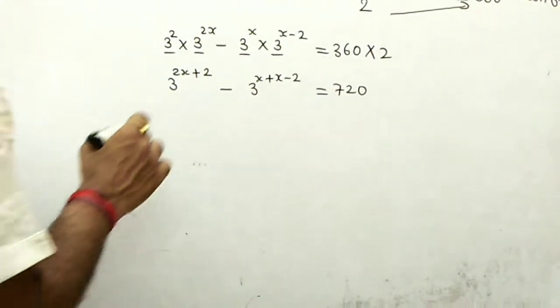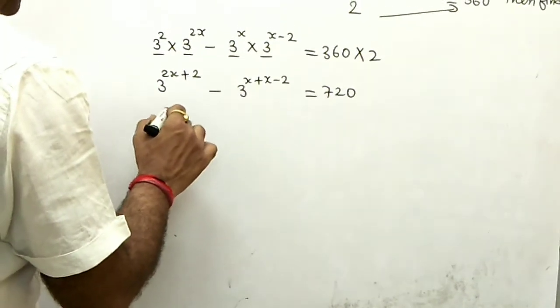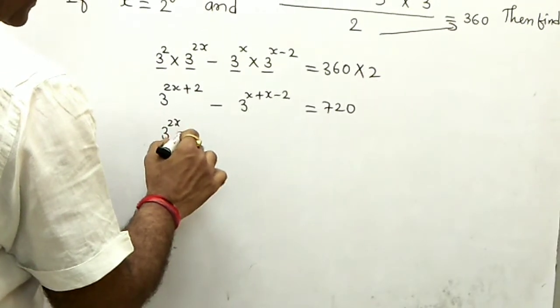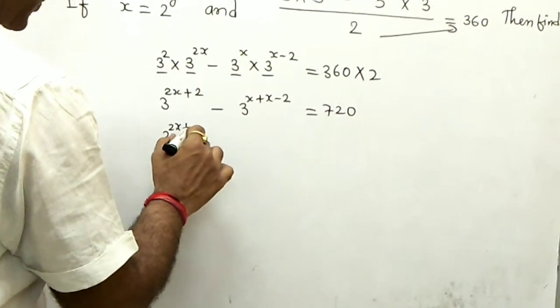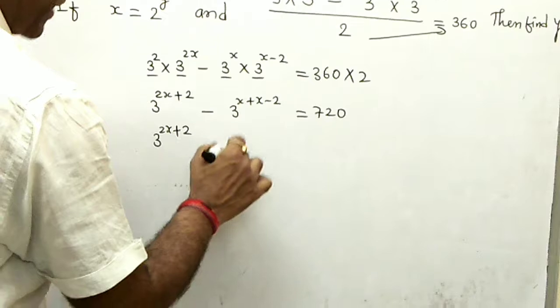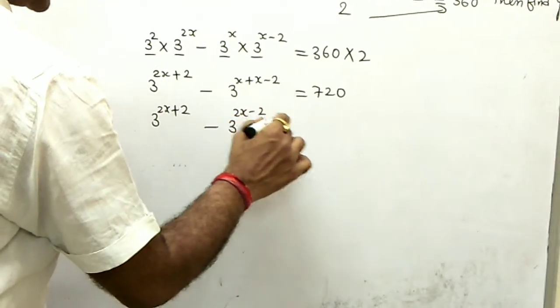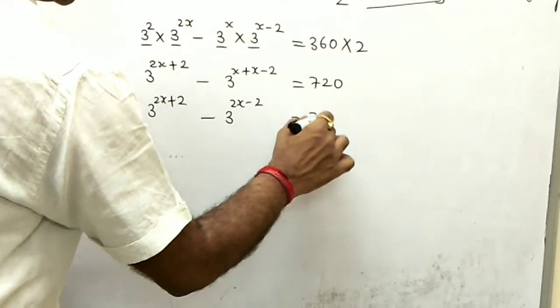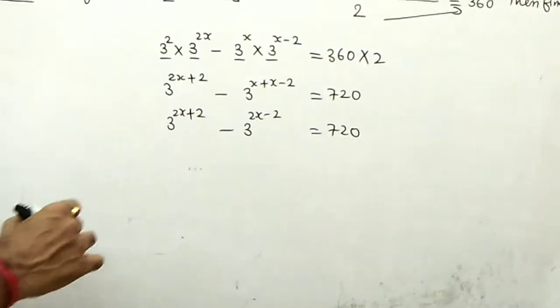Then 3 to the power 2x plus 2, and here also 2x minus 2, which is equal to 720.